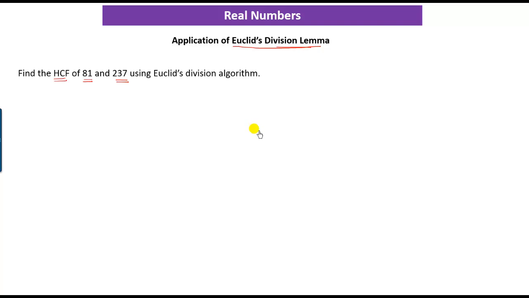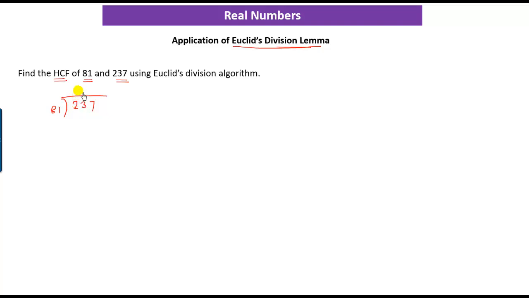So we start with the larger integer 237 and use Euclid's lemma to get the following equations. To get the equations, we divide 237 by 81, the bigger number divided by the smaller number.